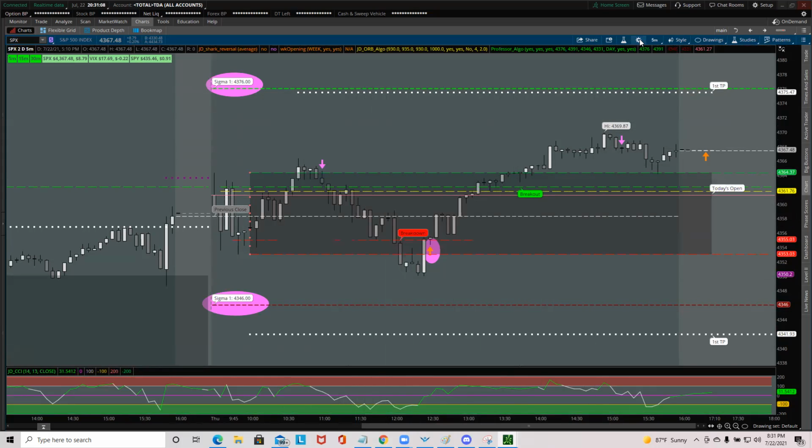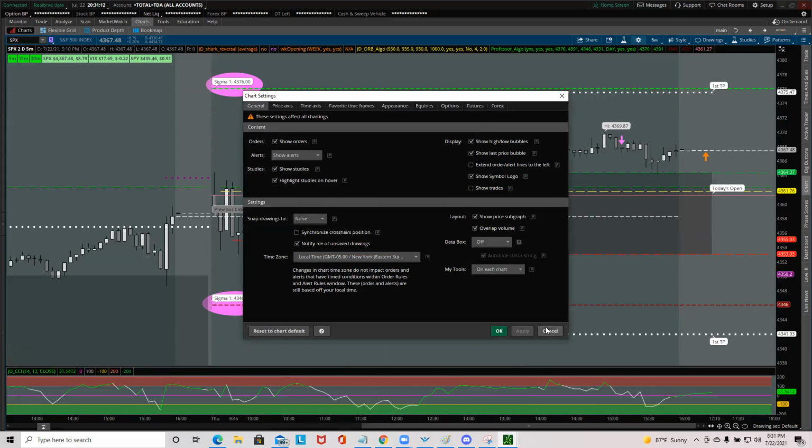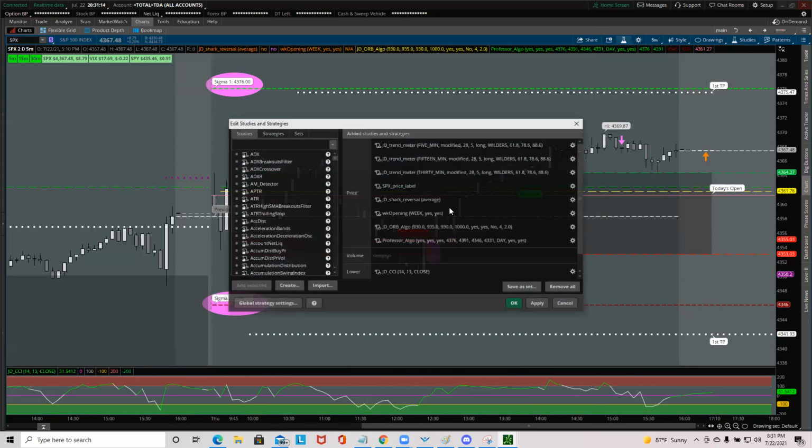And I will create a video for this one, but basically all you have to do in here is to come into the JD ORB algo. That's basically what the opening range breakout is. Professor algo is here.